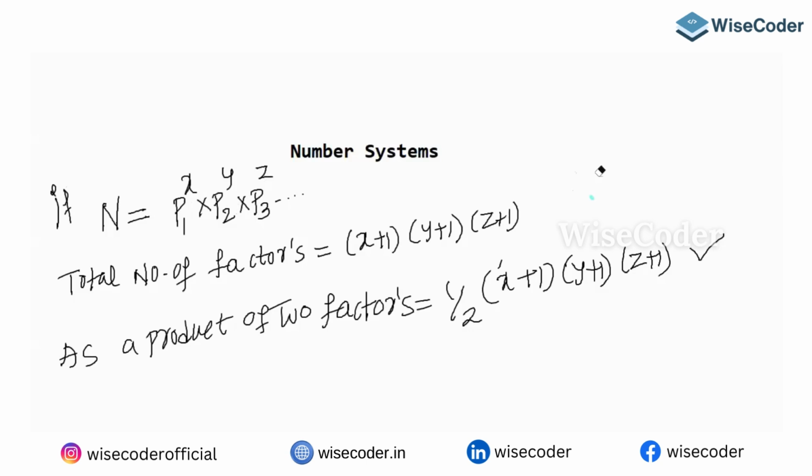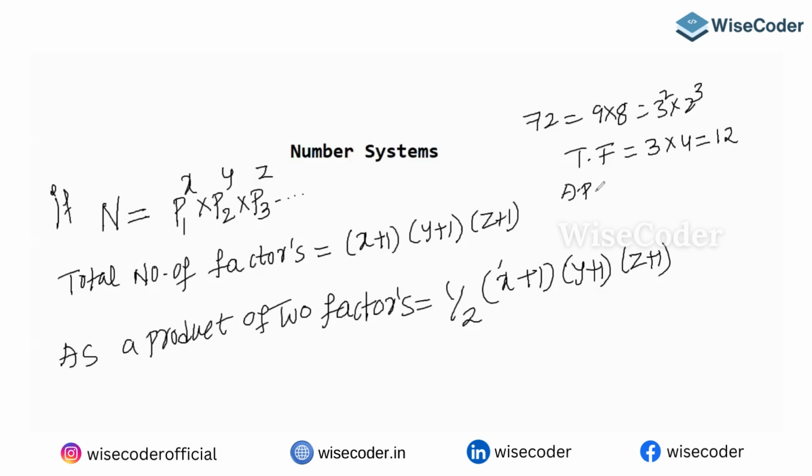We can write a few examples. Let's say 72 is a number. So how are you going to write it? 9 into 8. You can write 3 square into 2 cube. So the total number of factors is going to be 2 plus 1, 3, and 3 plus 1, 4. The answer is 12.